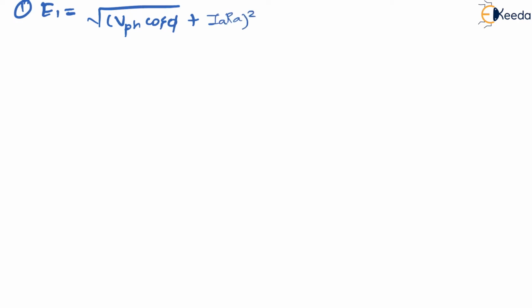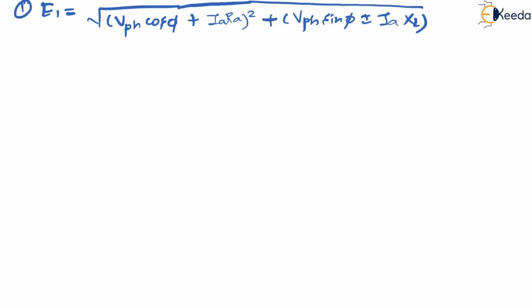Okay, so step 1, what is our step 1? Step 1 is to find E1, correct? And E1 is equal to what? By the EMF method we know it is the square root of (V phase cos phi plus IaRa) the whole squared plus (V phase sin phi plus or minus IaXL) the whole squared.